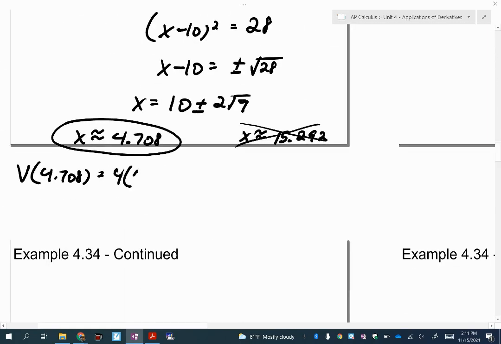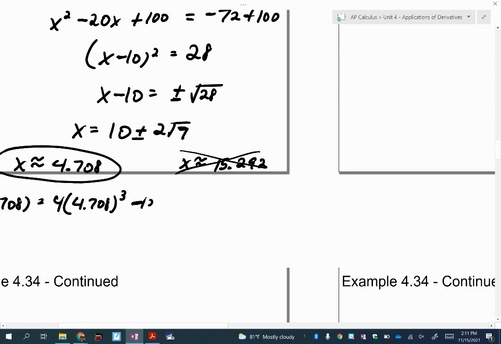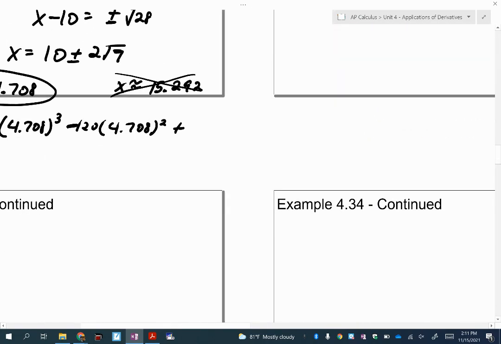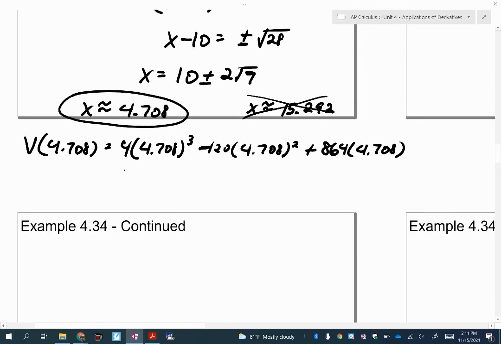So 4 times 4.708 cubed minus 120 times 4.708 squared plus 864 times 4.708. So whatever that is will give me my maximum volume.